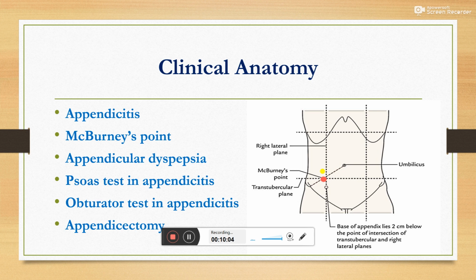The examination of a case of acute appendicitis reveals the following physical signs: hyperesthesia of the right iliac fossa, tenderness at McBurney's point, which is the important thing, and muscle guard and rebound tenderness over the appendix. Coming to the next condition, that is appendicular dyspepsia.